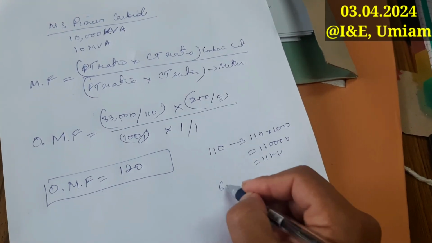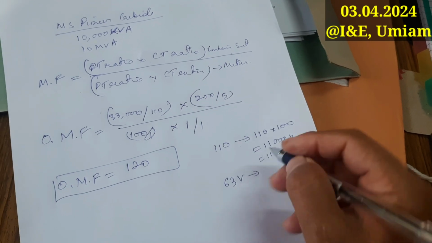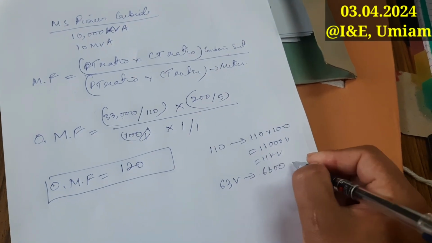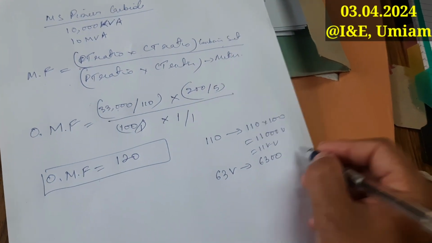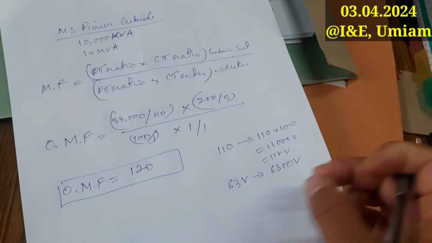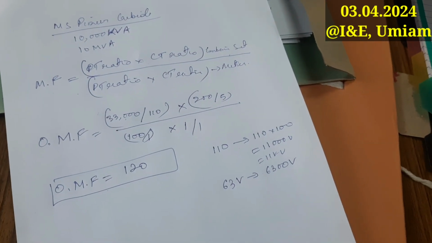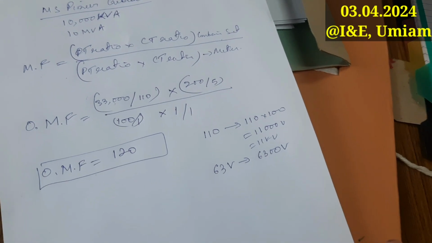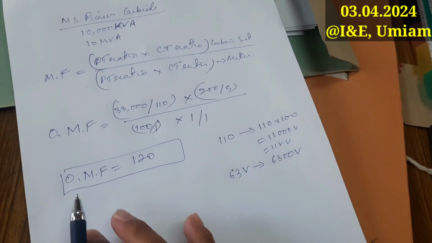And if it's 63 volt, the meter will read 6,300 volt, because this is the phase to neutral when you measure with the multimeter. So this is how you calculate the O.M.F.